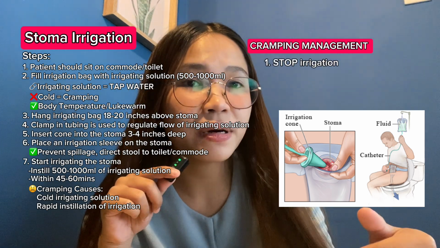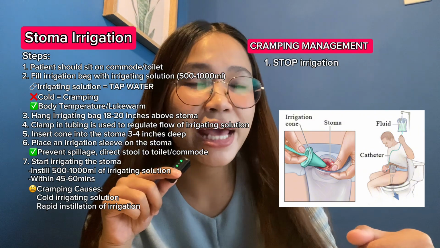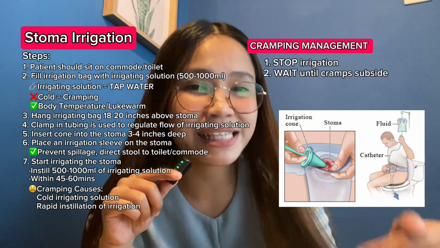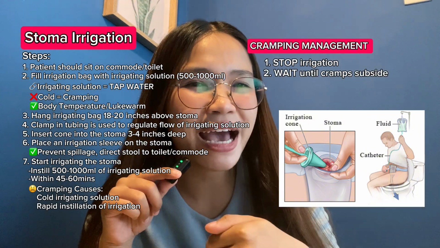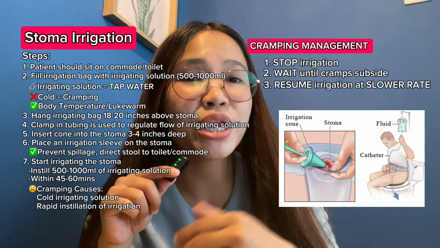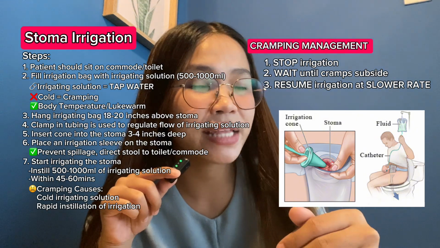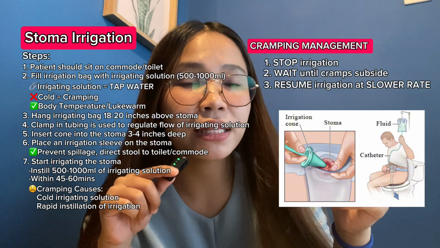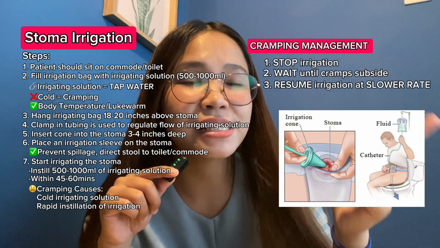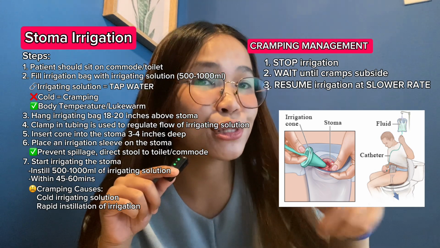You simply stop the instillation of your irrigating solution. And then you wait until cramping subsides. Once the cramping subsides, that's the time you reinstill the irrigating solution but on a slower pace or on a slower rate. Okay? So stop, wait until cramping subsides, and then irrigate again on a slower pace or slower rate.